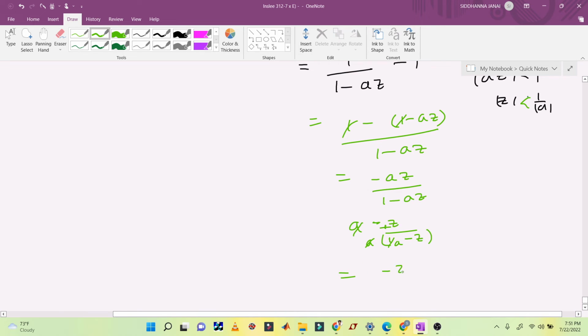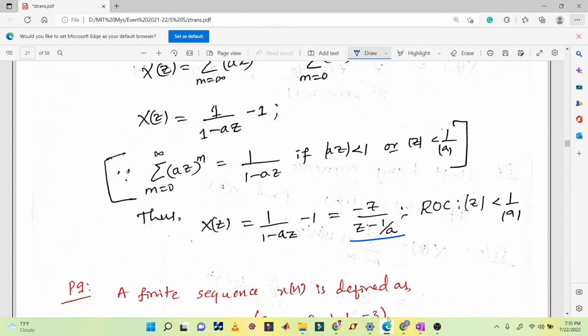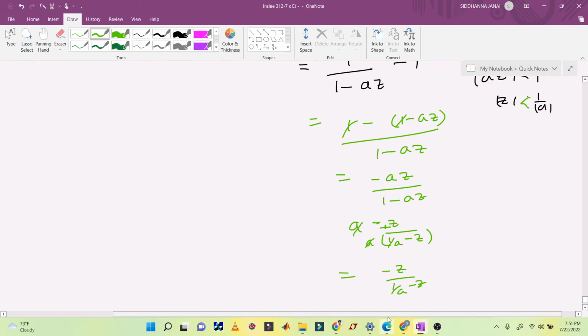Again I can write z minus 1 by a. What is the mistake which I have done?